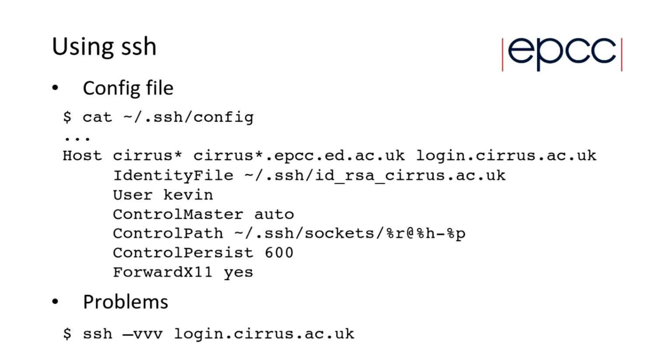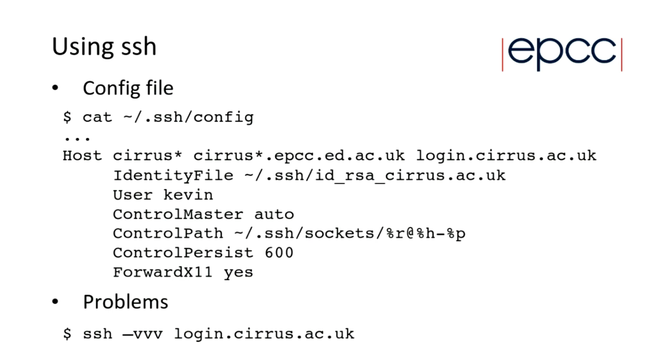There is this identity file section which lets SSH locate the relevant private key, in this case, which has a non-standard file name. This control master stuff, some of you might be interested to have a look at this.